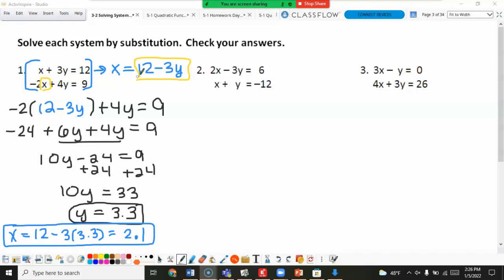In the case of example 2, I'm going to solve for one of the variables in the bottom equation because they both have coefficients of 1. So x equals negative 12 minus y. Since I solved for x, I'm going to replace x in the top equation.